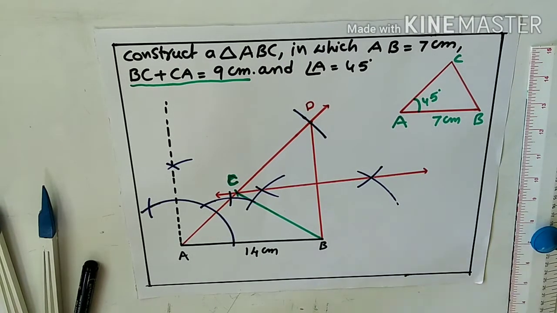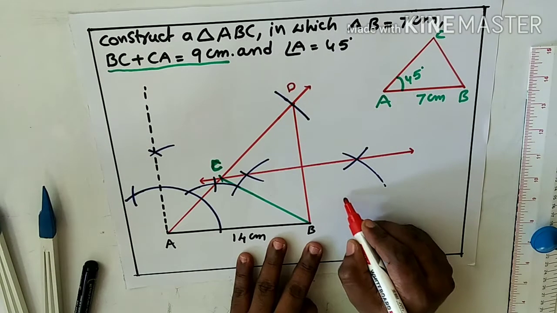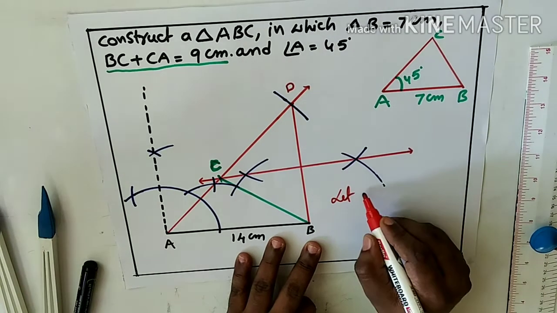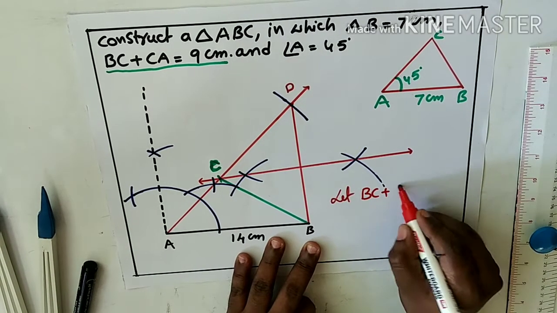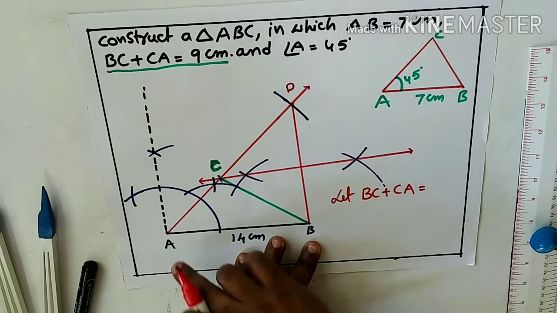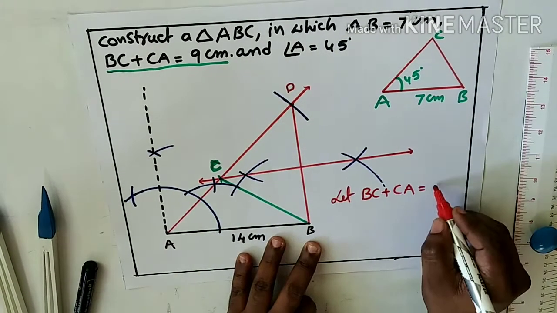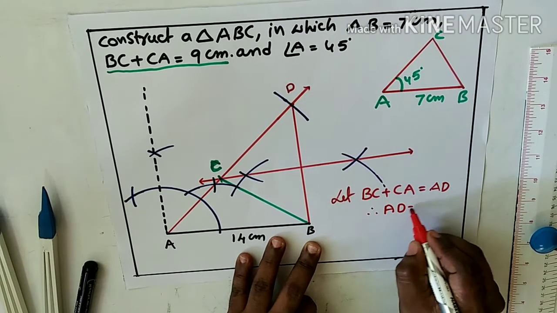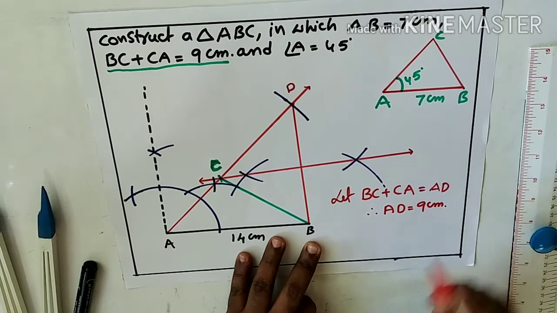What I consider here is BC plus CA equal to 9 centimeters as AD. Therefore AD is equal to 9 centimeters I have taken.